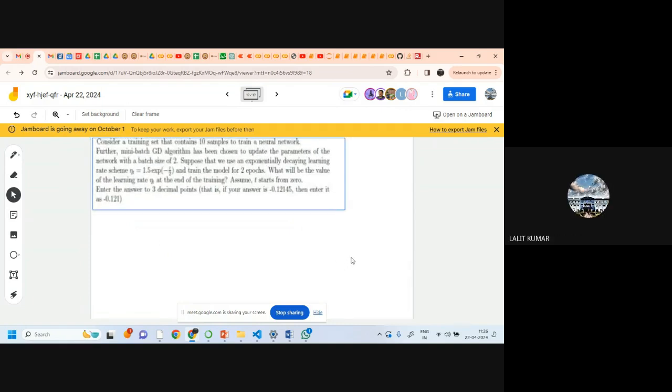Absolutely. Okay. So see, in this question they have given there are 10 samples. Mini batch GD algorithm has been chosen to update the parameters of the network with a batch size of 2.